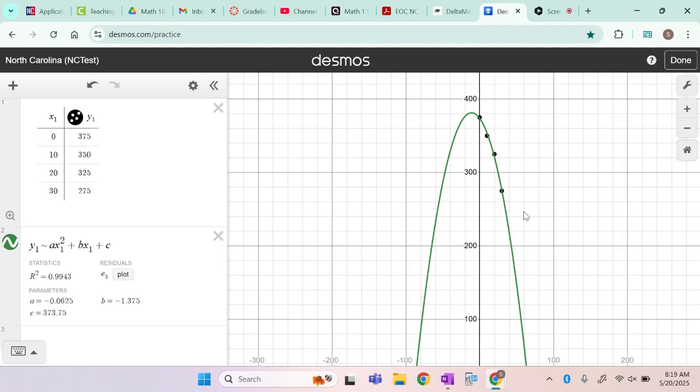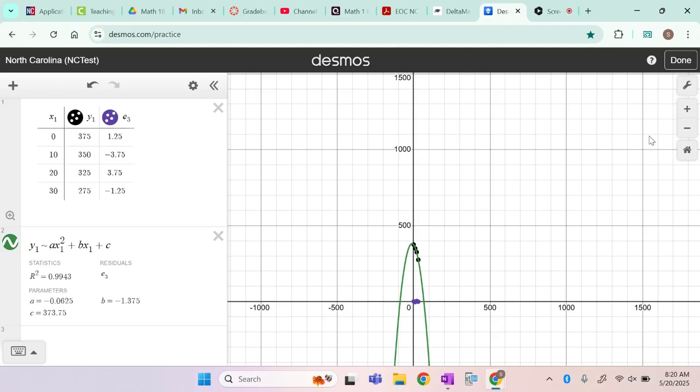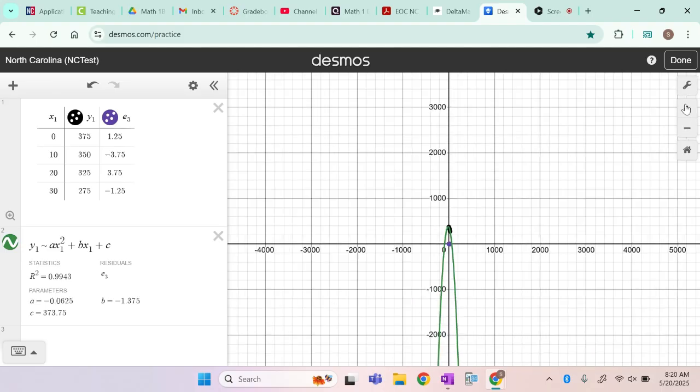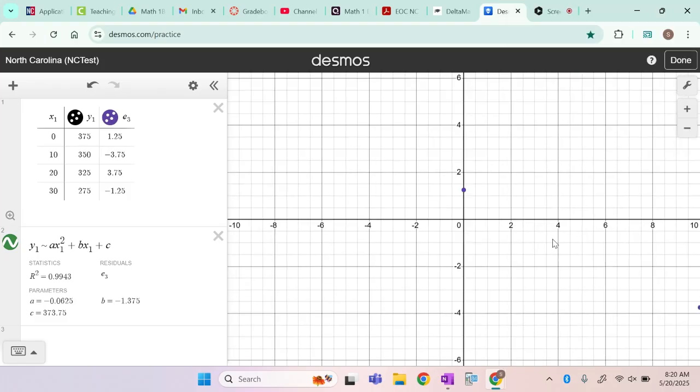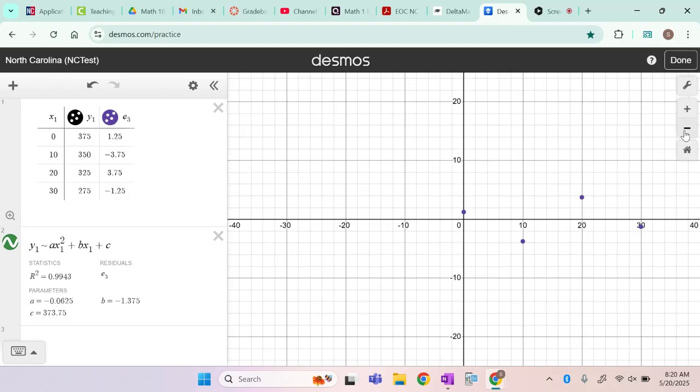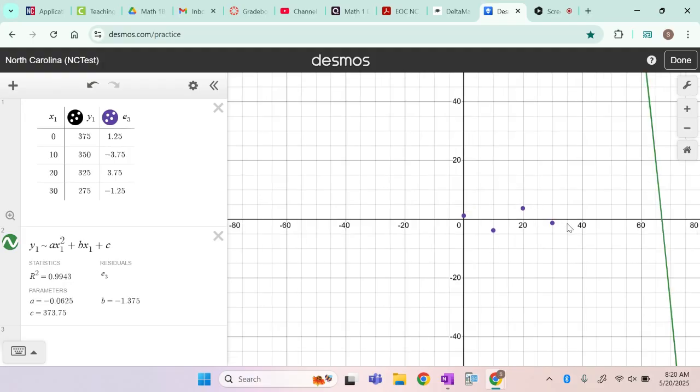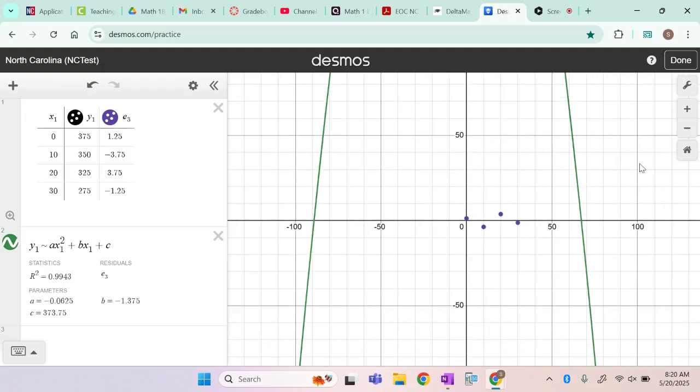You can also plot the residuals, but that's really only for linear. If I plotted them, my residuals are obviously in a pattern, so it's not linear. That's all residuals tell you.